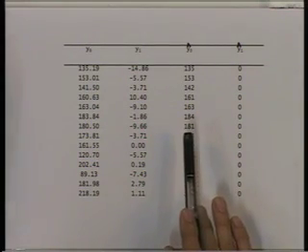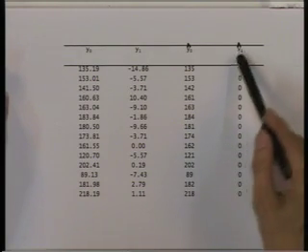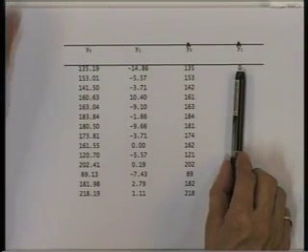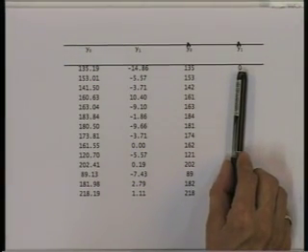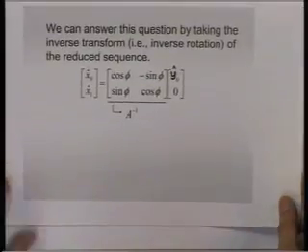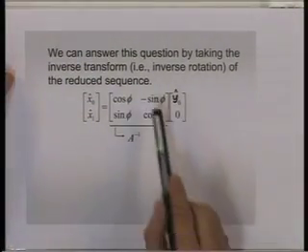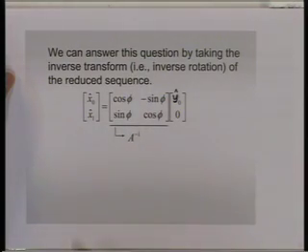Now, the question is, what is the effect of throwing away half the elements of the sequence? We can answer this question by taking the inverse transform, that is, the inverse rotation of the reduced sequence.